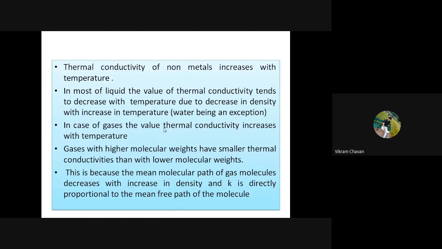Means what? Gases with lower molecular weights have higher thermal conductivity than gases with higher molecular weights.